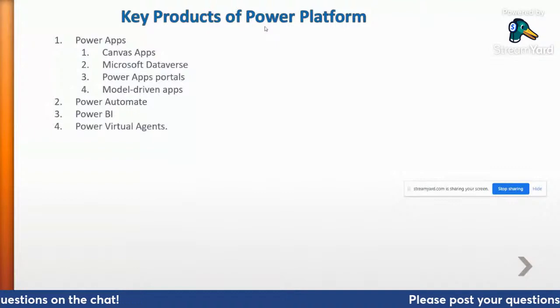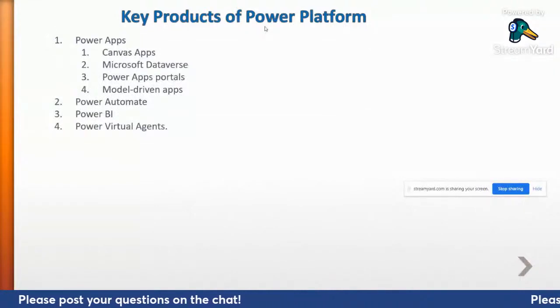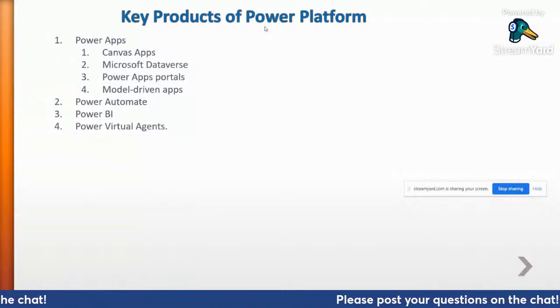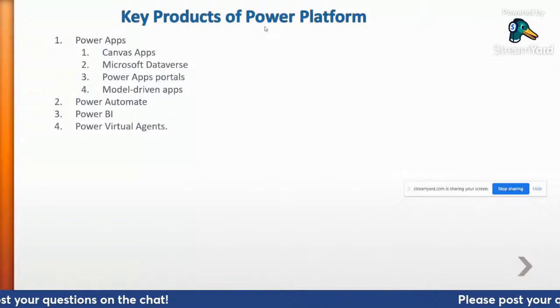So, under Power Apps, we have Canvas apps, Dataverse, portals, and model driven apps. Power Apps provides a rapid low code development environment for building custom apps according to the business needs. And Power Automate actually allows users to create automated workflows between applications and services.